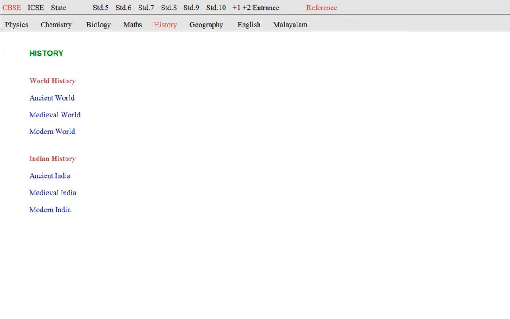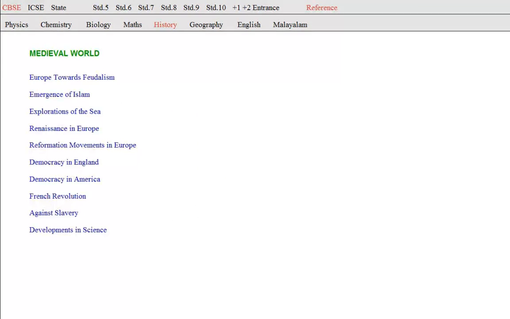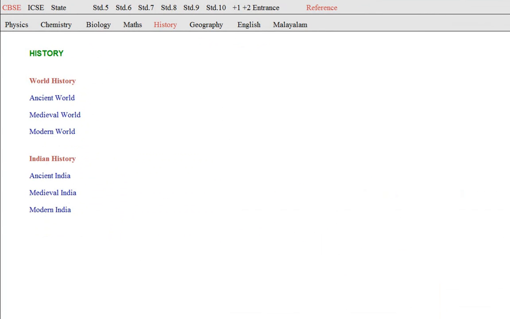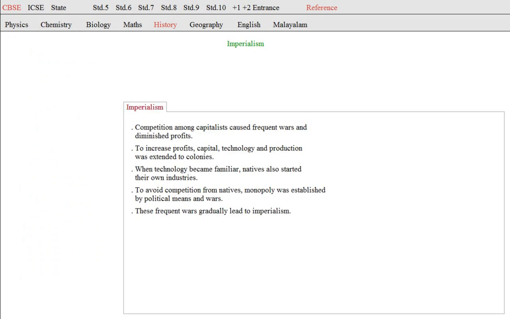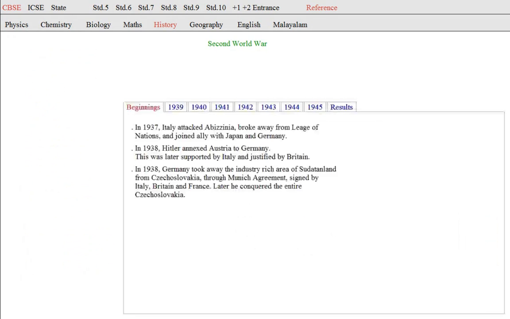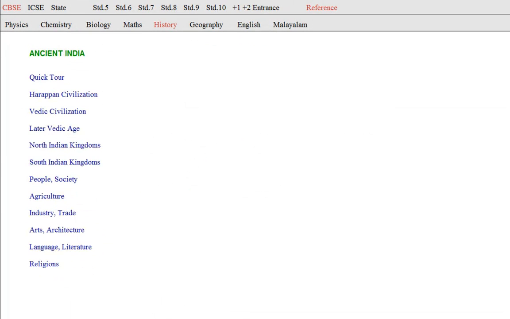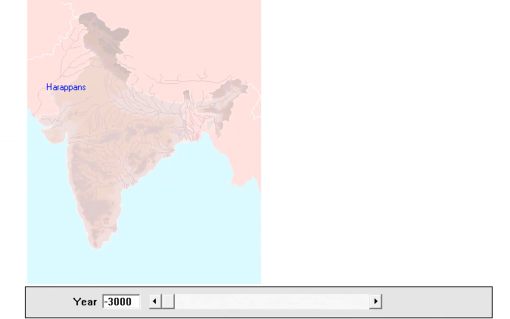Now, medieval world, modern world, and Indian history. It's a quick tour. This is interesting because it's minus 3000 BC.